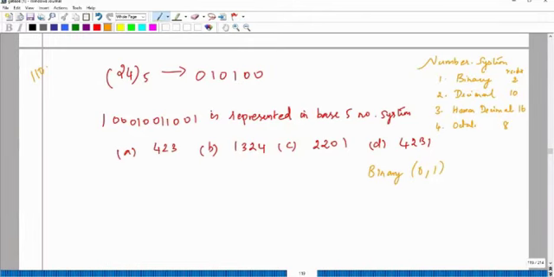For a decimal number, it ranges from 0 to 9. So totally, I have 10 digits. That is why the base is 10.